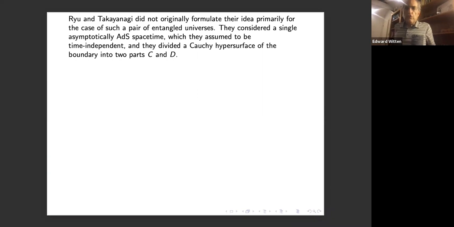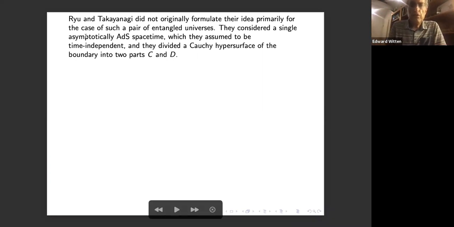But it's convenient to draw conformal pictures, like in the Poincare disk model, where the infinity is projected to a finite distance so that you can see it better. So they considered a single asymptotically anti-de Sitter spacetime, which they moreover assumed to be time independent, which made the definition more obvious.